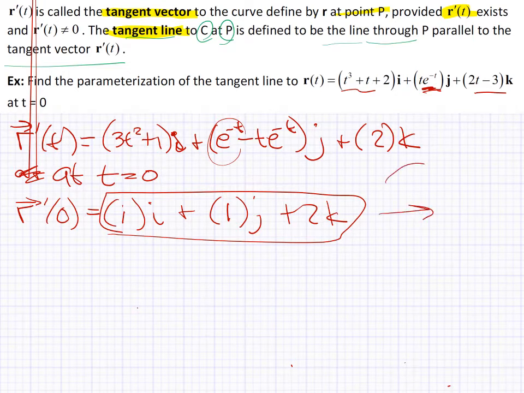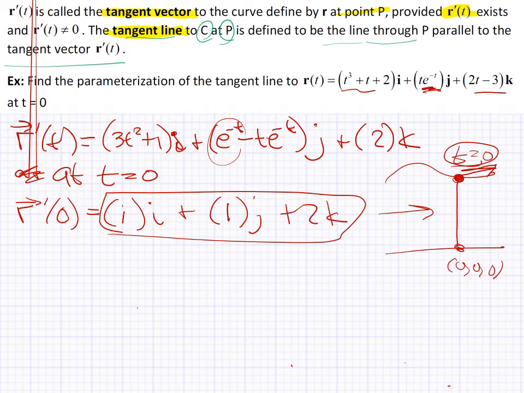Remember, t equals 0 gives us a specific spot on the curve. This is where t equals 0, so we're finding the tangent vector there. The next thing we want to do is find that point. What point does this t value get me to? Remember, if a vector starts at the origin, 0, 0, 0, and points to some particular point, the components of the vector, let's say a, b, c, are the same as the components of the point a, b, c that it points to.